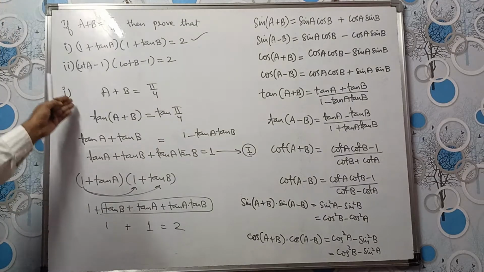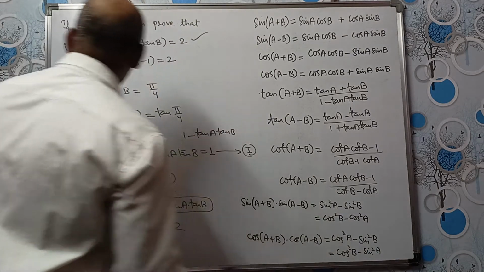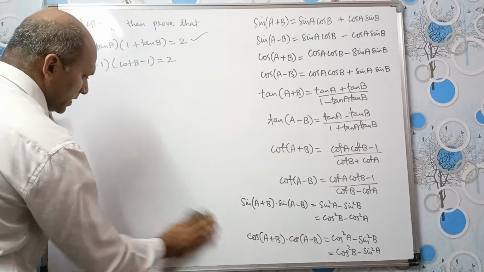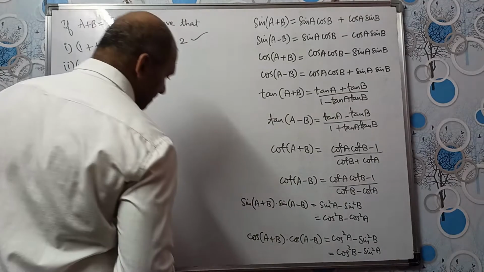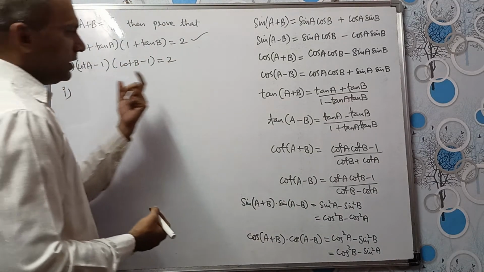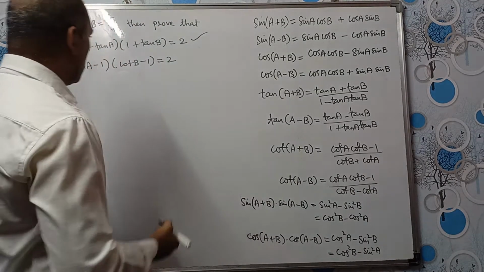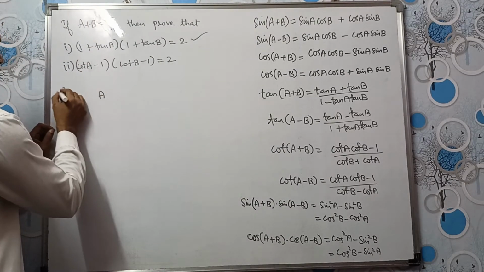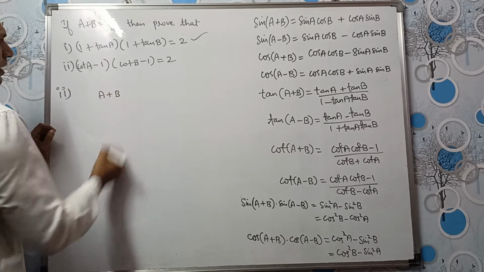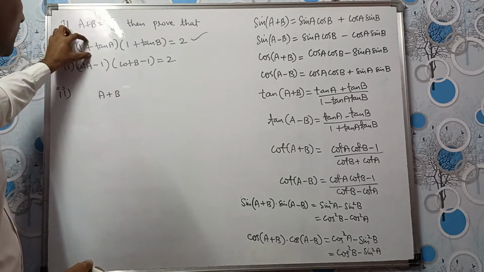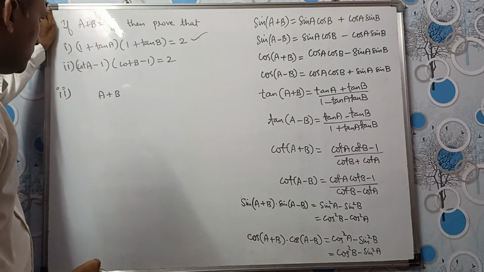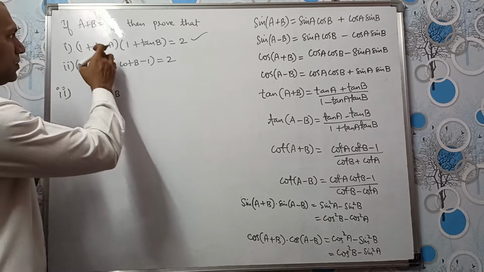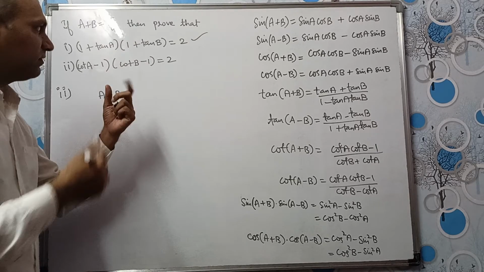Okay, in the same way we can prove cot A minus 1 and cot B minus 1 is equal to 2, by using cot A plus B. So this is the second bit. Anyways, from this we can use cot and derive the answer also.